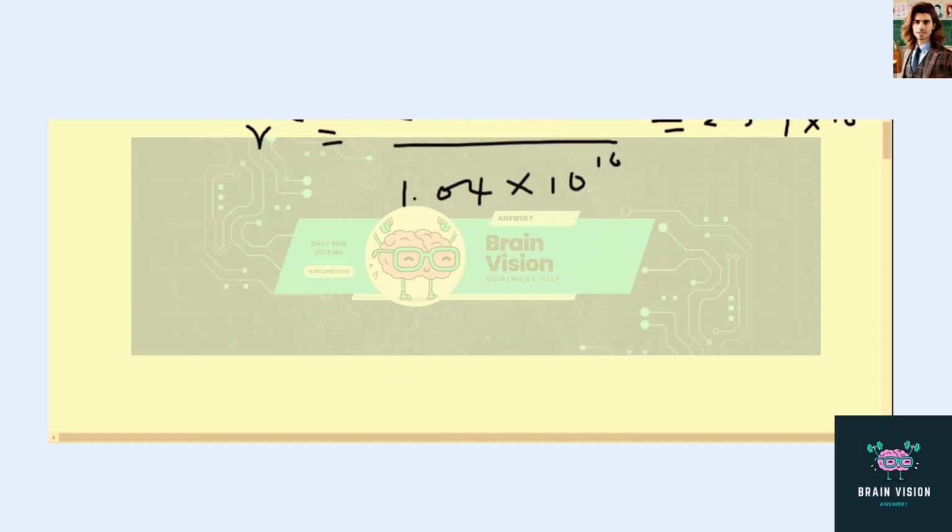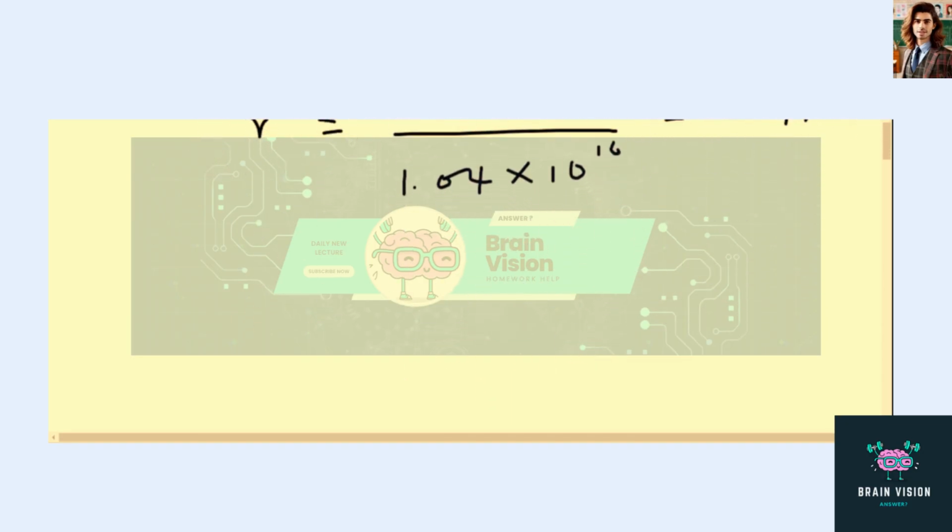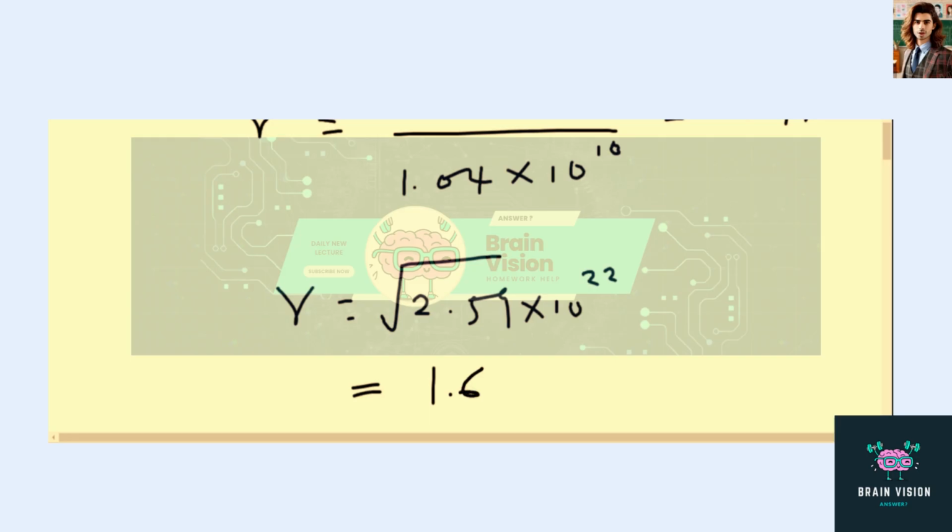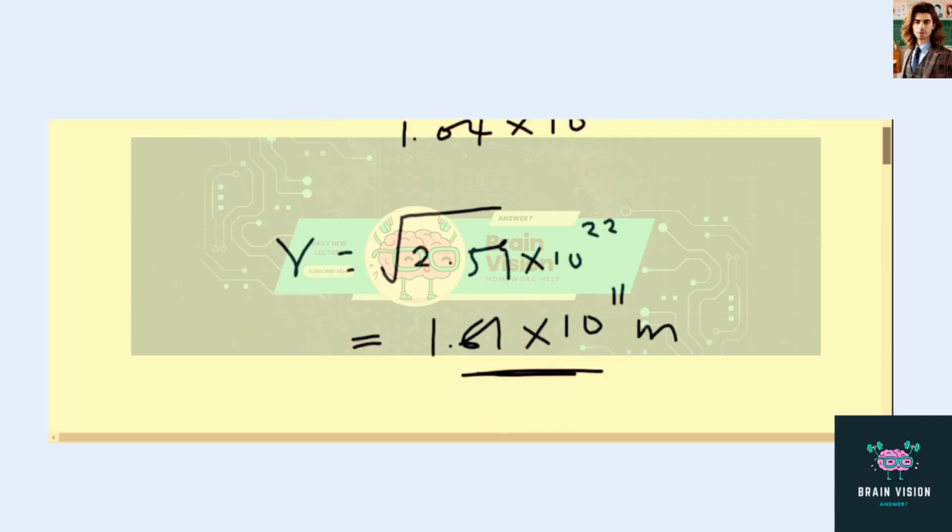When we find the square root of this answer, it gives us 1.61 times 10 to the power 11 meters. So that is the radius of the Rigel star.